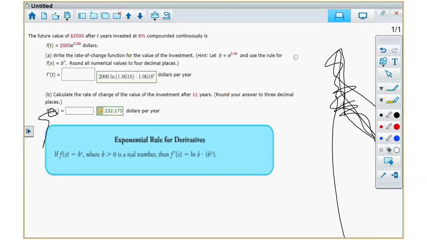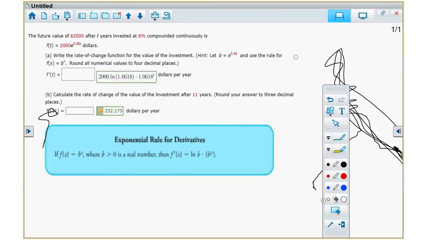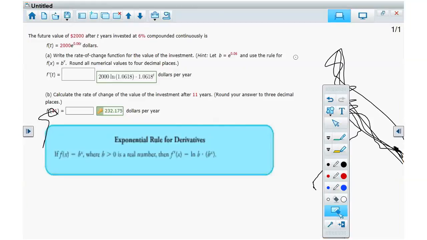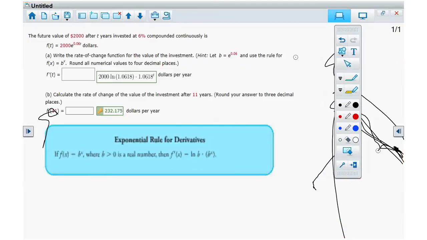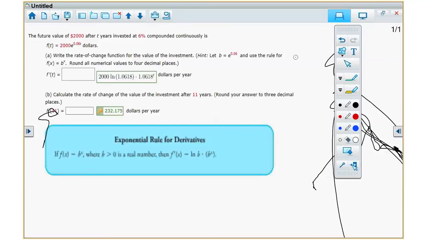Do you have another pen? Nope. You want to steal other pens? Something is wrong with this thing. There you go. Now I can write, but I can't erase.